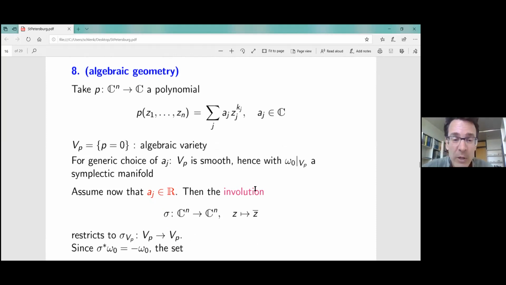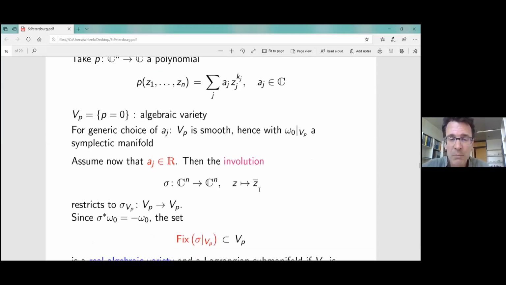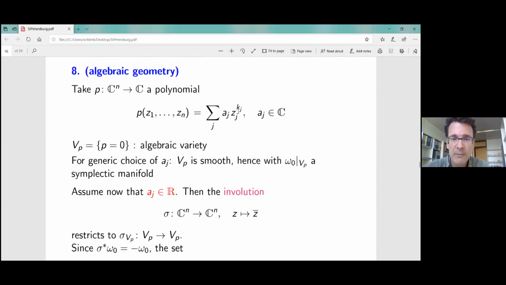Good. So now I specialize, and I assume that the Aj, the coefficients, are real. Now when you take the usual complex conjugation involution on Cn, you can restrict it to Vp, because when the polynomial is 0 and you conjugate, because the Aj are real, it will still be 0.